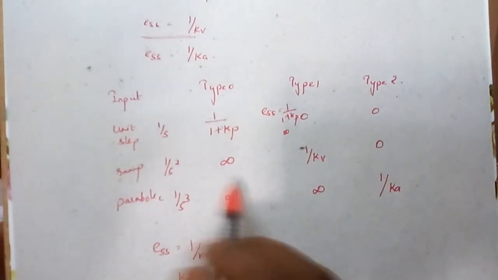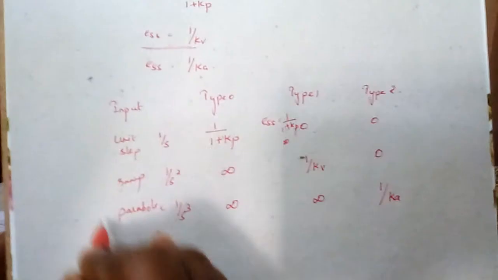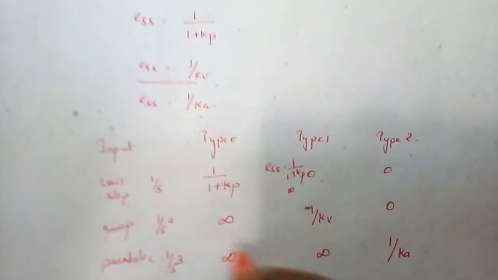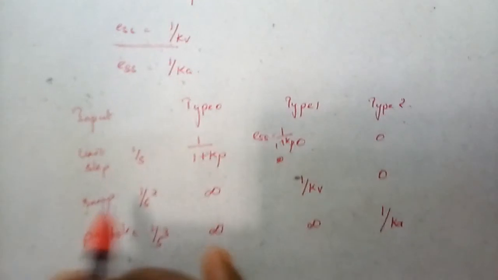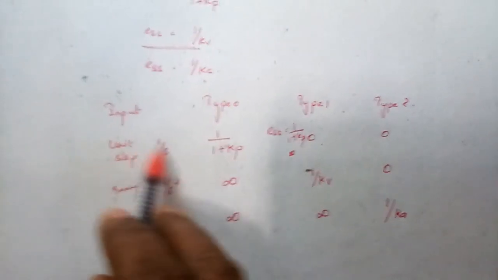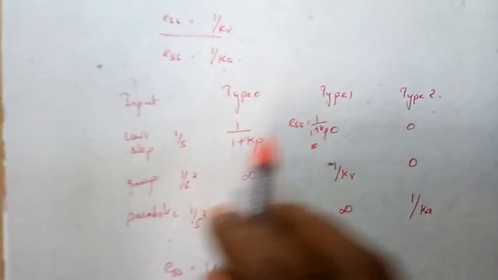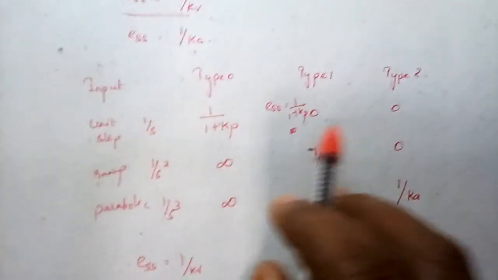So, be thorough with this table, as this may be asked as an objective question while preparing for the GATE examinations, right? One more point to discuss relevant to this: you can get the input as a unit input and be asked to check the steady state error. This is a simple case.